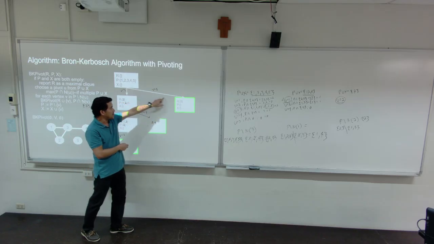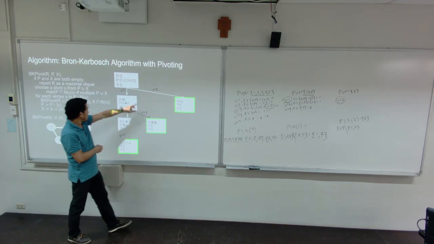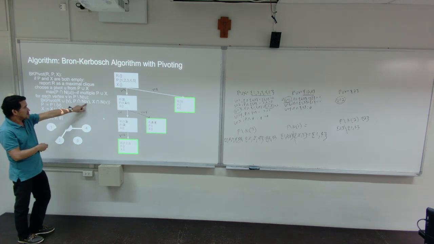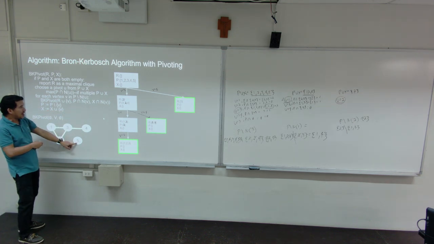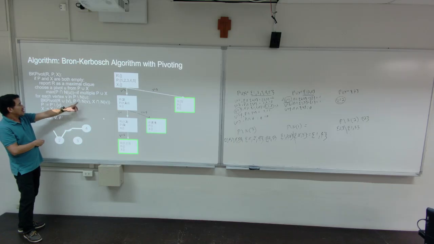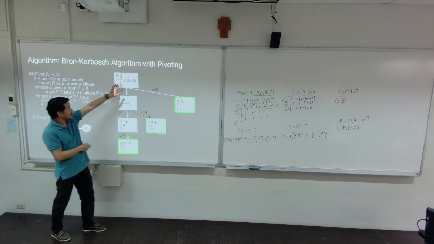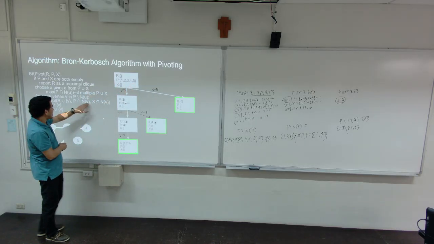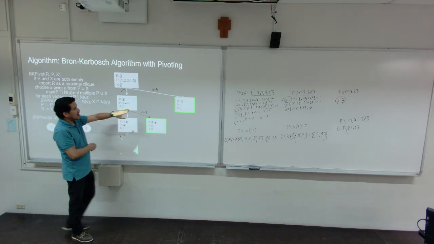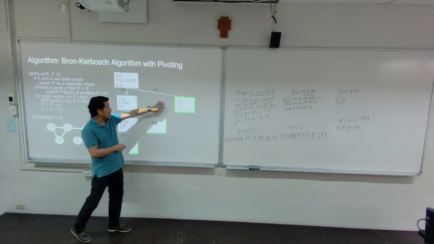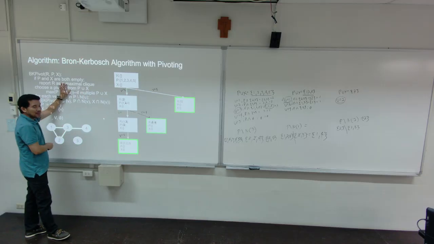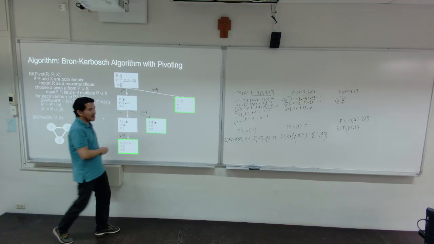Combine it with 5, you have 5. Next is neighbors of 5. Null intersect with 1, 2, 3, 4, 5. Since there is a null here, intersecting that with null will result in null. Since both P and X are null, we return 5 as our third maximal clique.